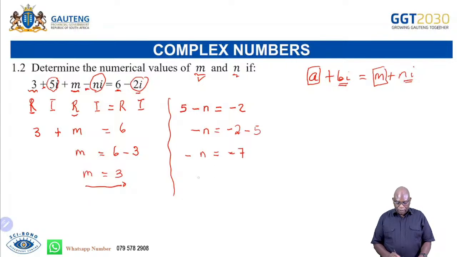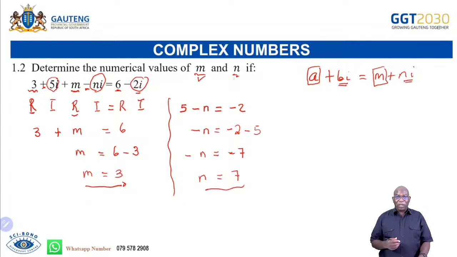Then I divide by negative 1, so n will be equal to positive 7. So I've solved for m and n simultaneously. You can see that we are able to solve the two variables, m and n, in one equation, and we get m equals 3 and n equals 7.